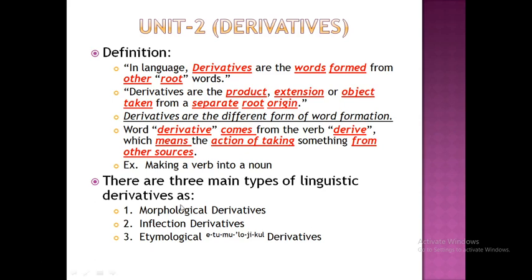There are three main types of derivatives. The first one is morphological derivatives, the second one is inflection derivatives, and the third one is etymological derivatives. If I'm not wrong, all of you must remember inflection, because inflection was a technique in word formation as well, a process which we have already gone through, and I showed a table with examples of the inflection word formation process.